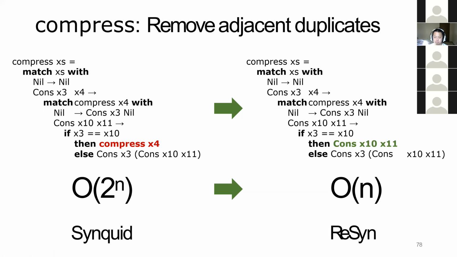So if the model were that there was function caching going on at runtime, the program on the left would also be order n, wouldn't it? Sorry, because the compress x4 would be found in the cache. Yes.